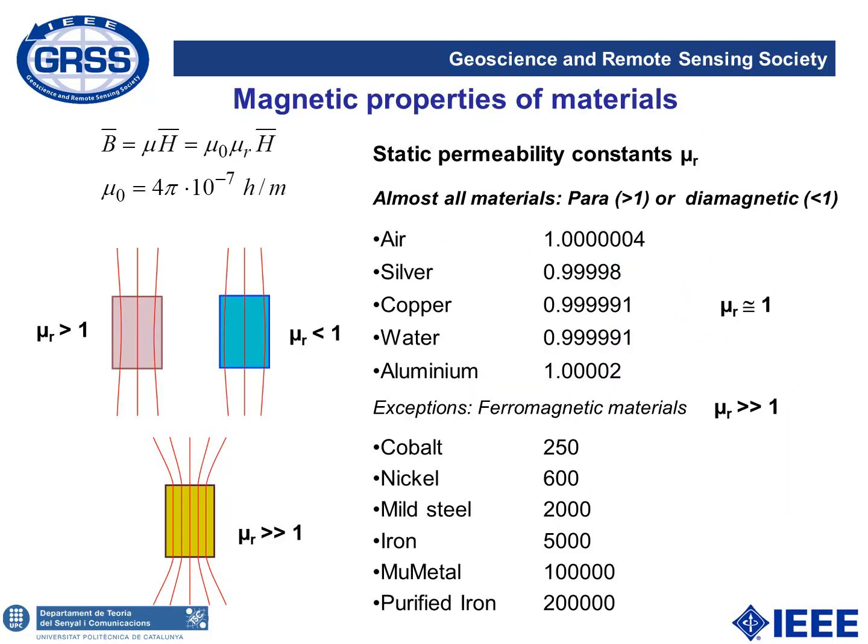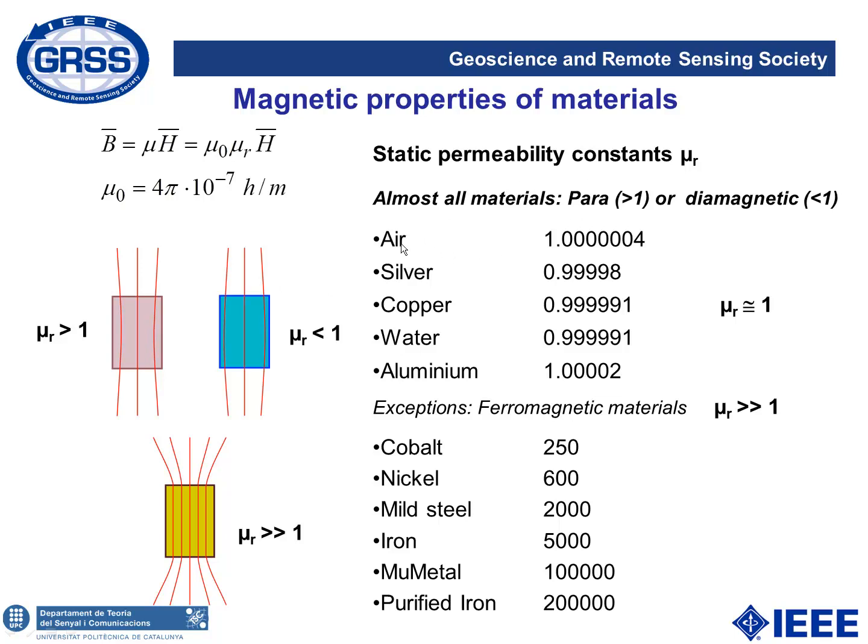What happens with the magnetic properties of materials? What happens is the following. Most of the materials we encounter in nature have static and dynamic permeability constants which are very close to 1.